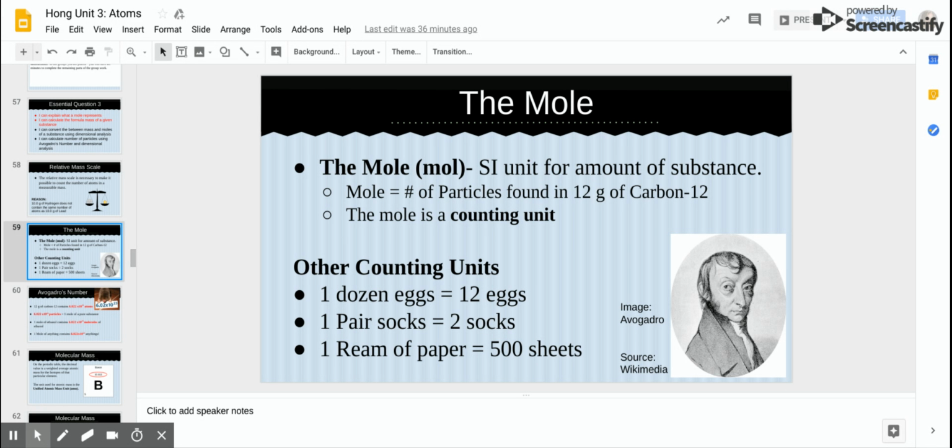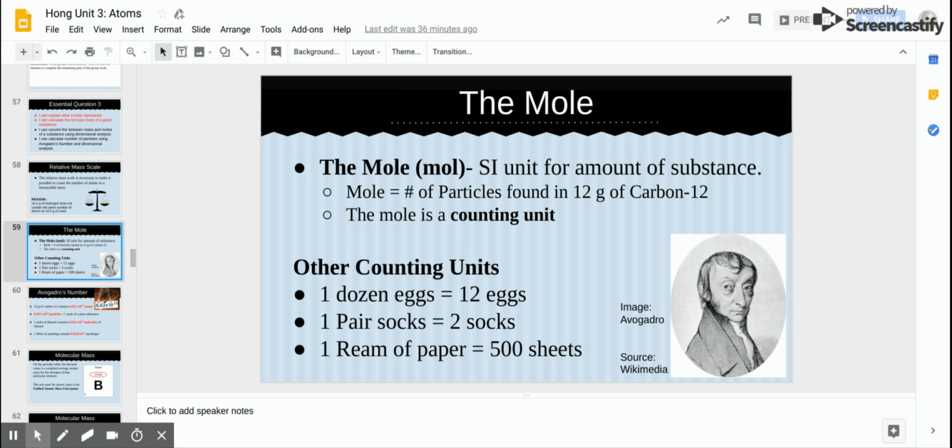We all know that if I said to grab a dozen eggs out of your fridge, you would come back with 12. If I said everyone's wearing a pair of socks today, we would know that everyone has 2 socks. And if I said go to the office and ask them for a ream of paper, you would come back with 500 sheets.